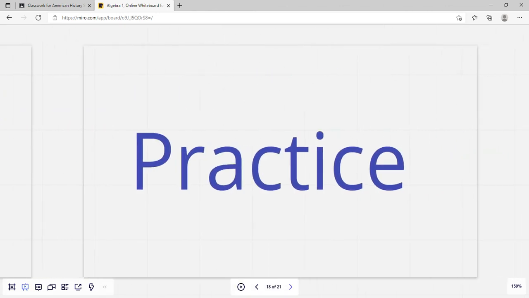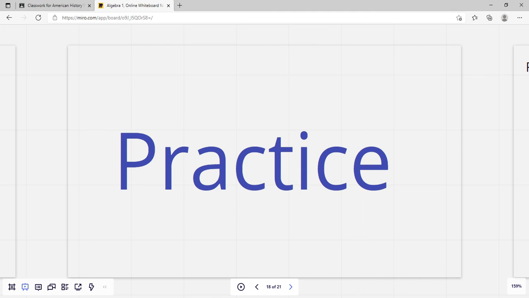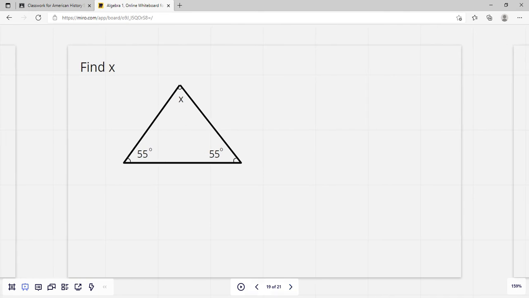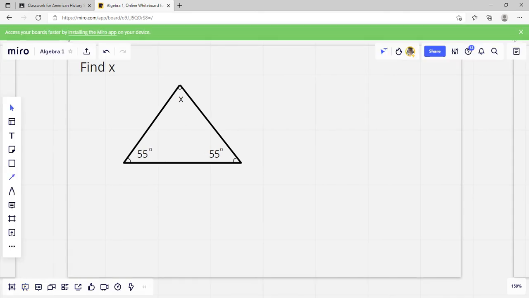All right. So go ahead and pause the video and work the practice problems, and then I'll work them for you. All right, so hopefully you paused the video and worked these practice problems, and now I'm going to work them for you. All right, so this one we have to find x, and we already have 2 of our angles marked, so 55 and 55.